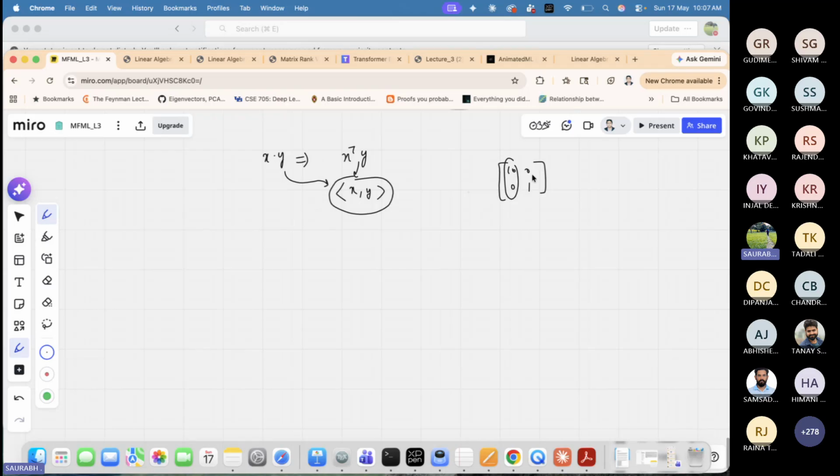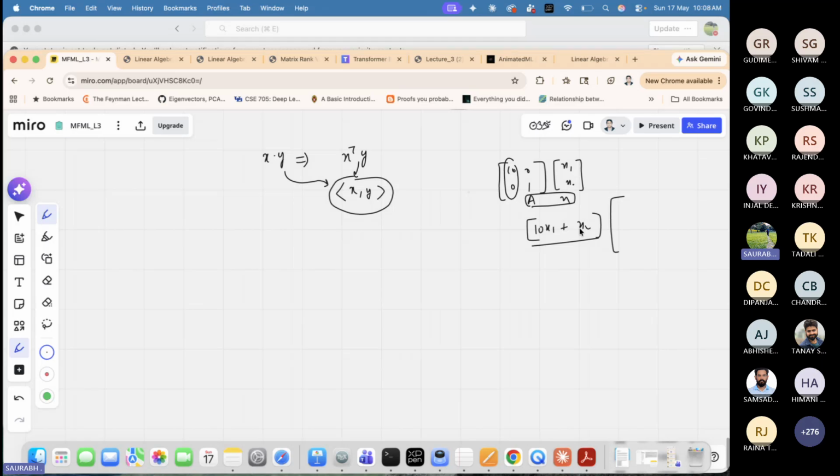Why I say that is, let's say the matrix gets multiplied with the vector x1, x2. The output would be 10x1, x2, right? So this is the A into x form.